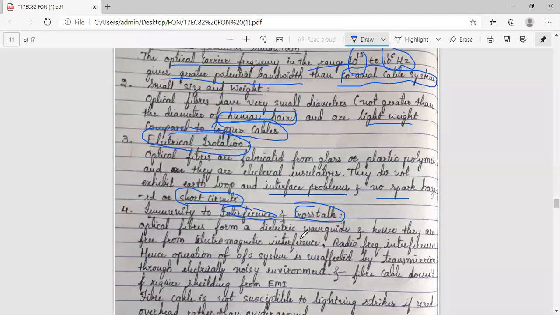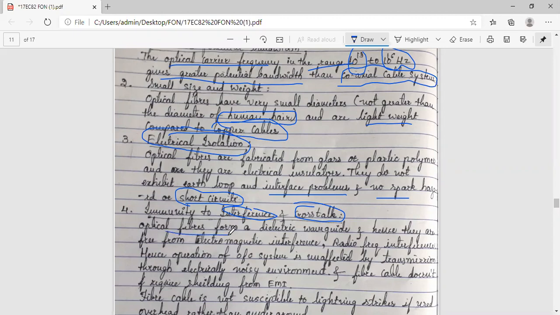Or sometimes tapping can happen, where the conversation between two people can be overheard by another person. Those things can happen in the case of coaxial cable, very easily. However, optical fibers are more immune to interference and crosstalk.